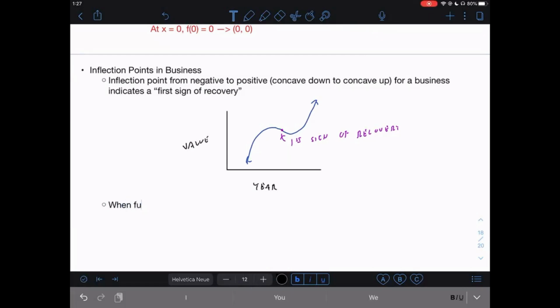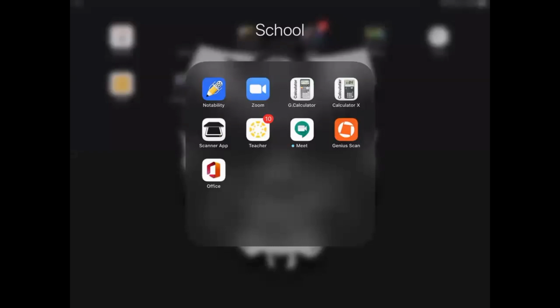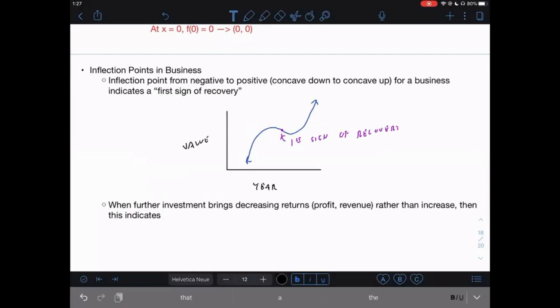If further investment in an item or stock brings decreasing returns, like decreasing profit or revenue, rather than increasing as in the first round of recovery, then this indicates what's known as the point of diminishing returns.